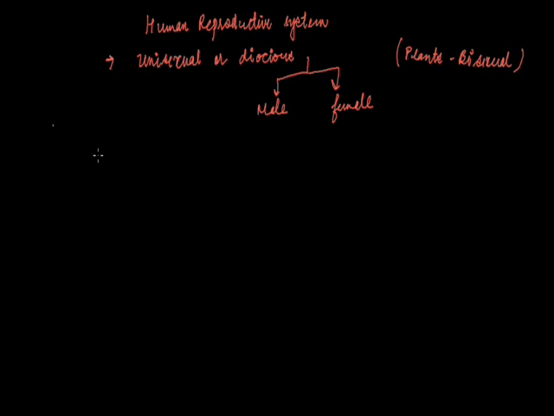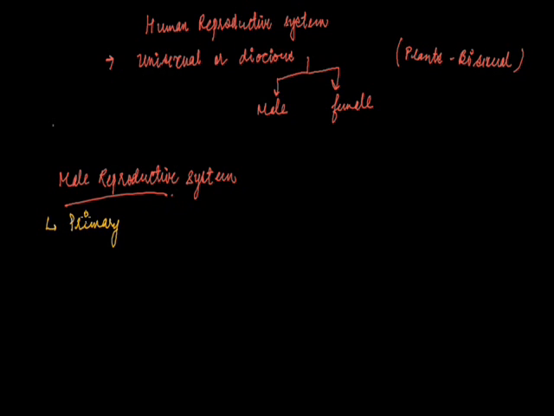So first we will begin with the male reproductive system. Coming on to the major organs of the male reproductive system, the primary sex organ of the male is the testis, and these are present in pair.